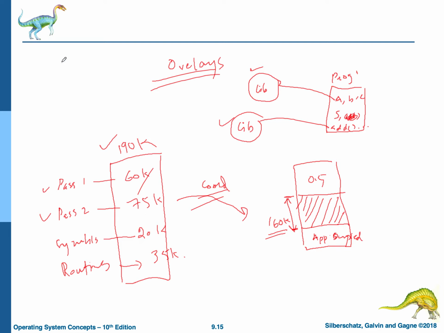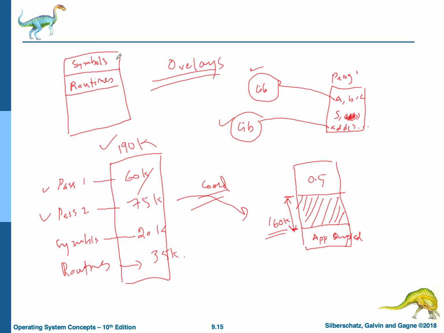Suppose this is 160k, I just zoom into 160k here. Because of the space I am writing in a very ugly manner, so you have to bear that. So let's say symbols and routines are already loaded here.